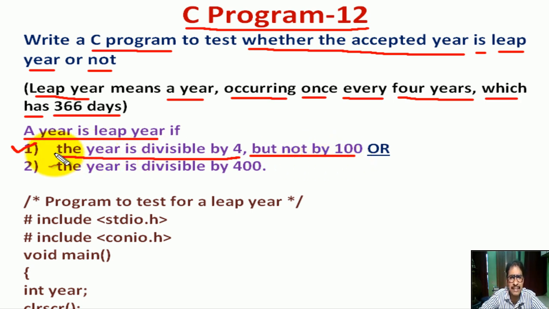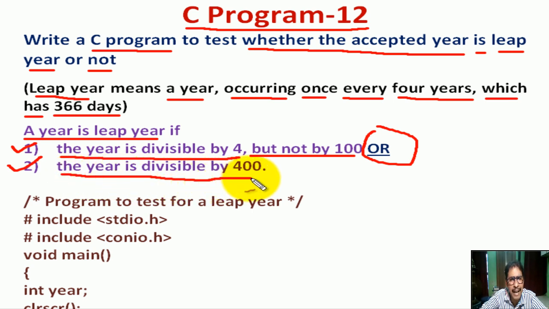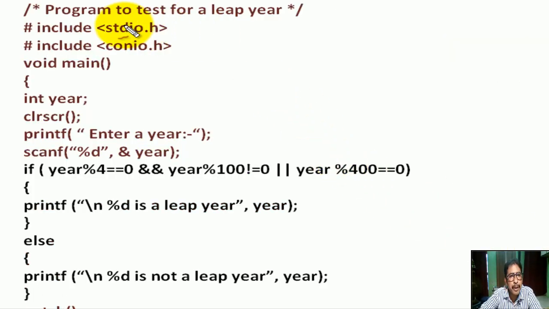Okay, this is the first condition. Or second condition, the year is divisible by 400. Okay, we first discuss the whole program and next run the program.